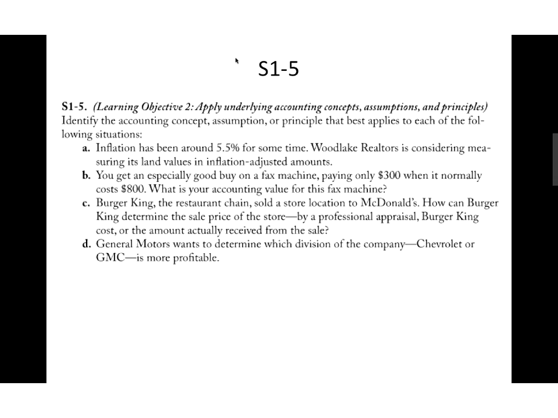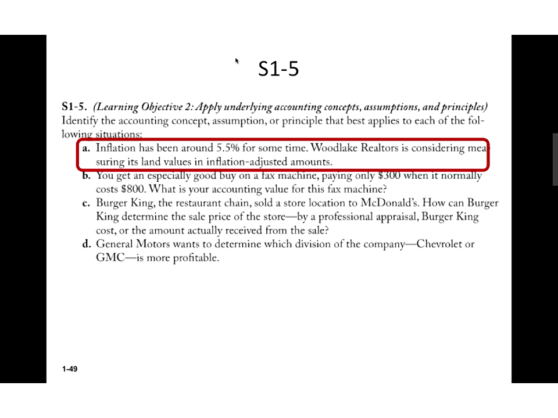Okay, so short exercise 1.5. I'm going to run through this one. This is on your homework. First one, inflation has been around 5.5% for some time. Woodlake Realtors is considering measuring its land values in inflation-adjusted amounts. This isn't asking if it's okay or not. It's asking what assumption is at play here, what would govern this.